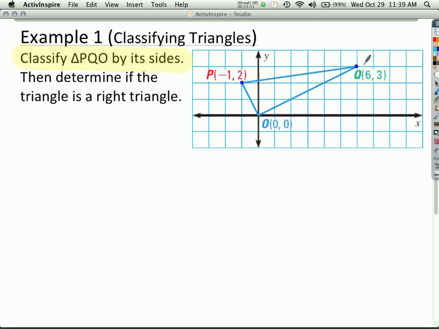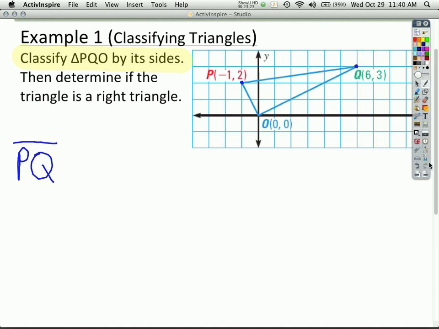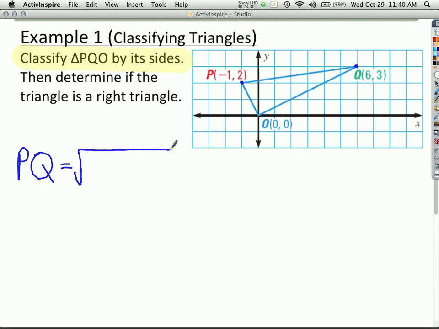Now, we're going to do PQ first. Remember, when you're referring to a distance, you write PQ. If you're referring to the object, then you put a line over it. But we're not referring to the object, we're referring to the distance, so it's going to be PQ equals the square root of the difference of the x's squared plus the difference of the y's squared.